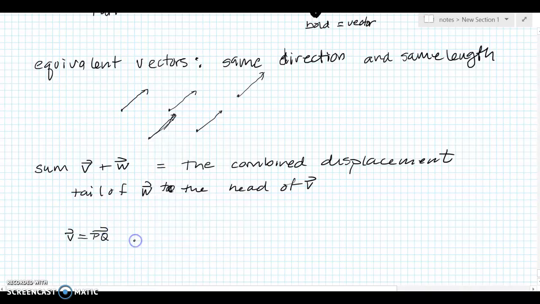And W, maybe we'll do this when I actually put them all together. There's W.